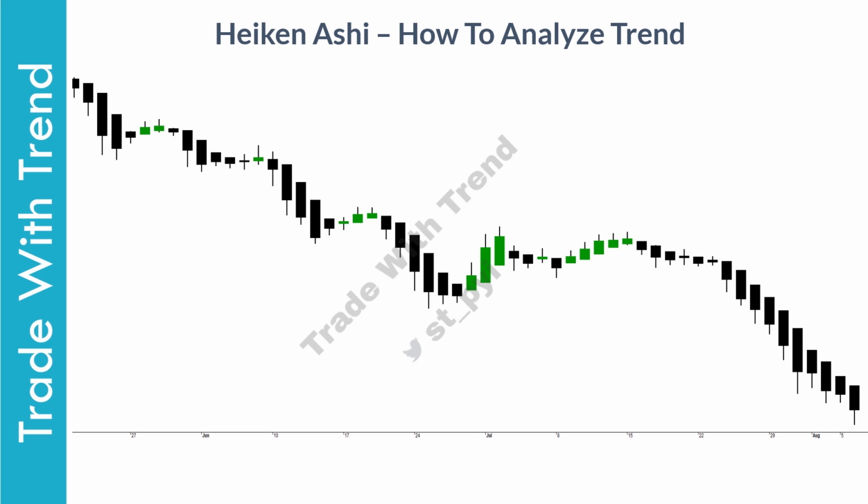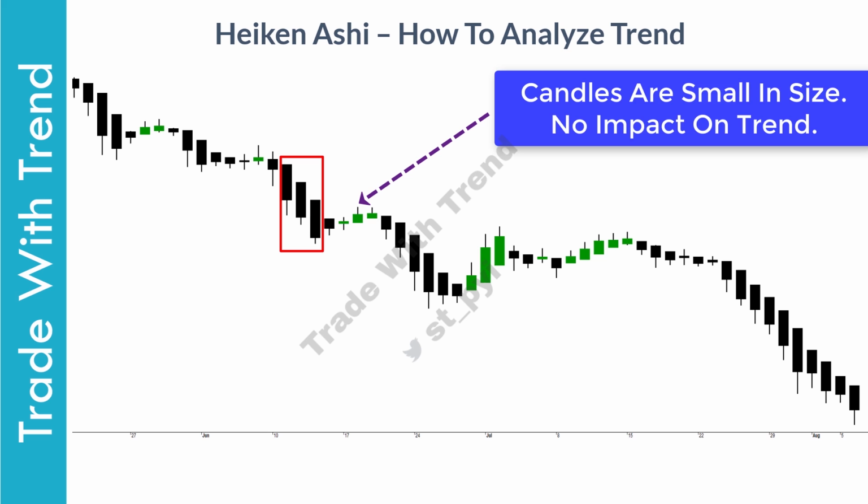Furthermore, we then get these 3 candles on the downside that again reaffirm the direction of trend. Following this, indecision candles again show up, which are small in size, and then price moves lower. All these 3 sets of indecision candles that I've marked here have no impact on underlying trend.